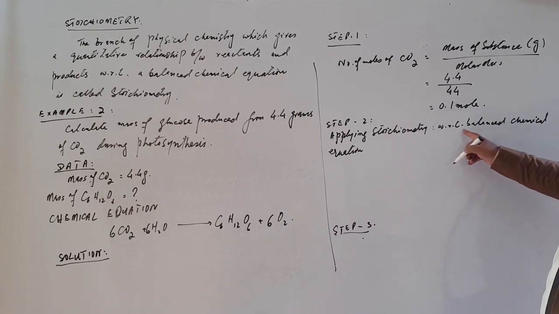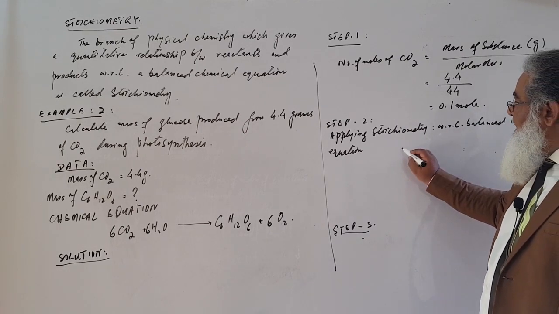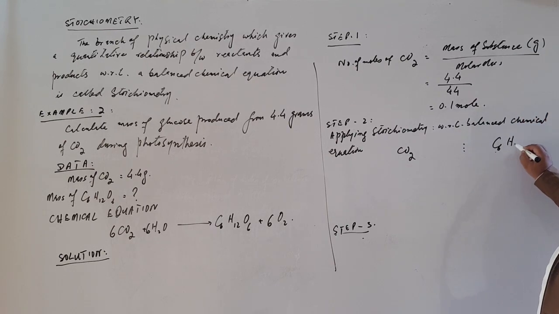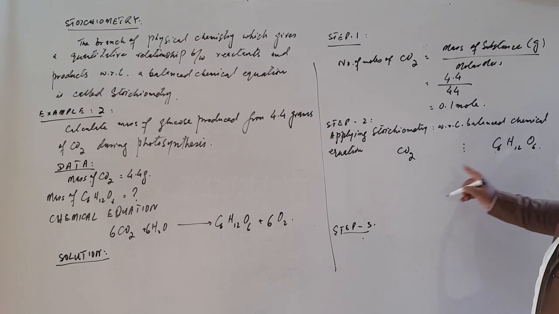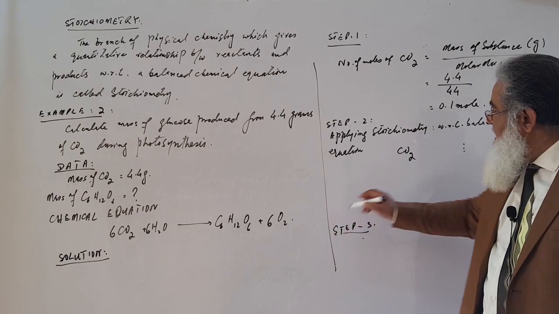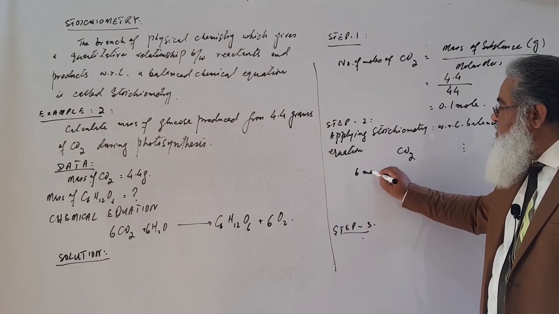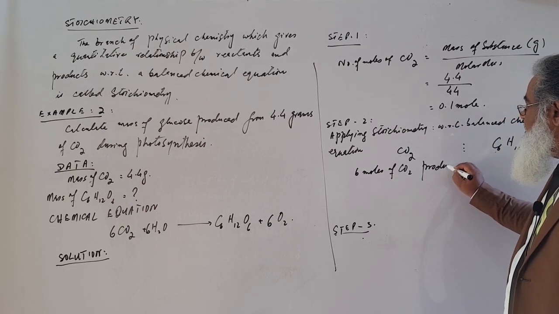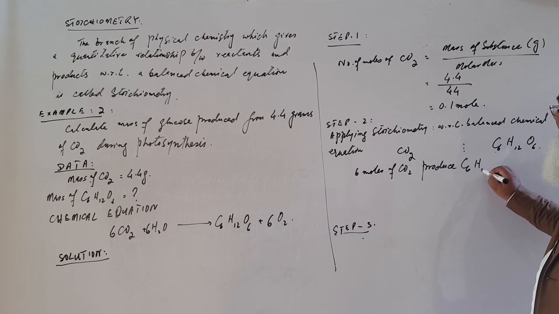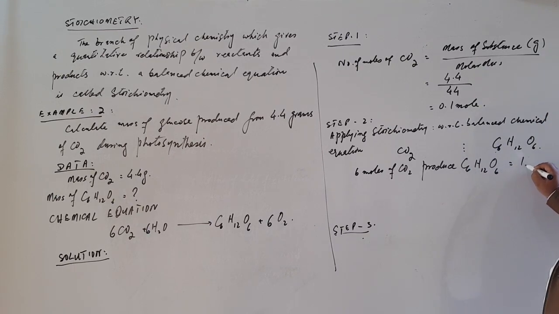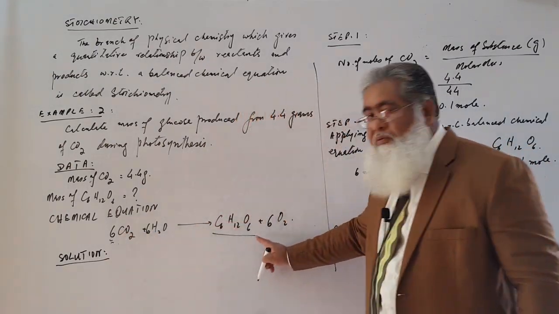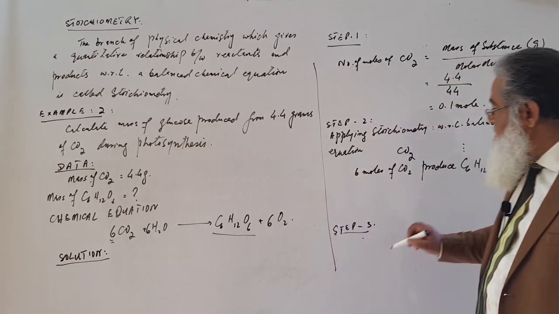By applying stoichiometry, we have to make the relationship between given versus asked. According to the balanced chemical equation, we can see 6 moles of carbon dioxide produce 1 mole of glucose, C6H12O6.